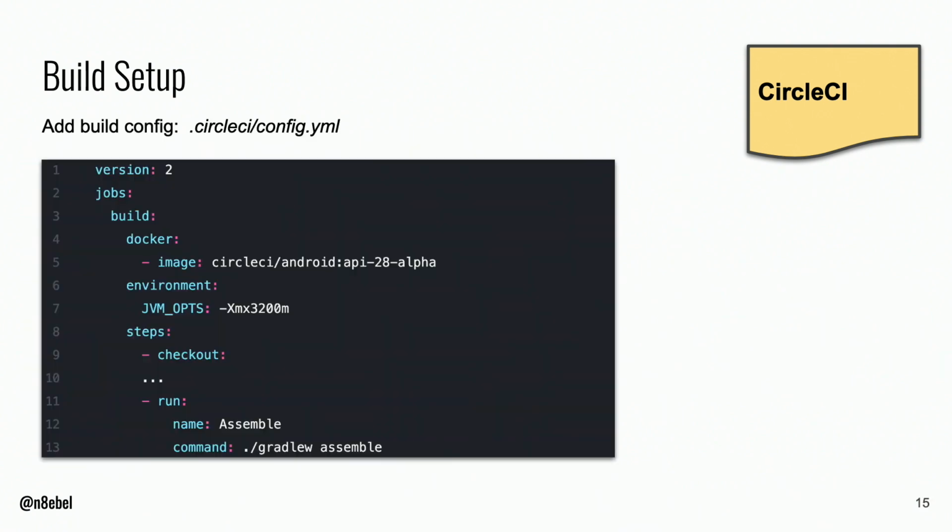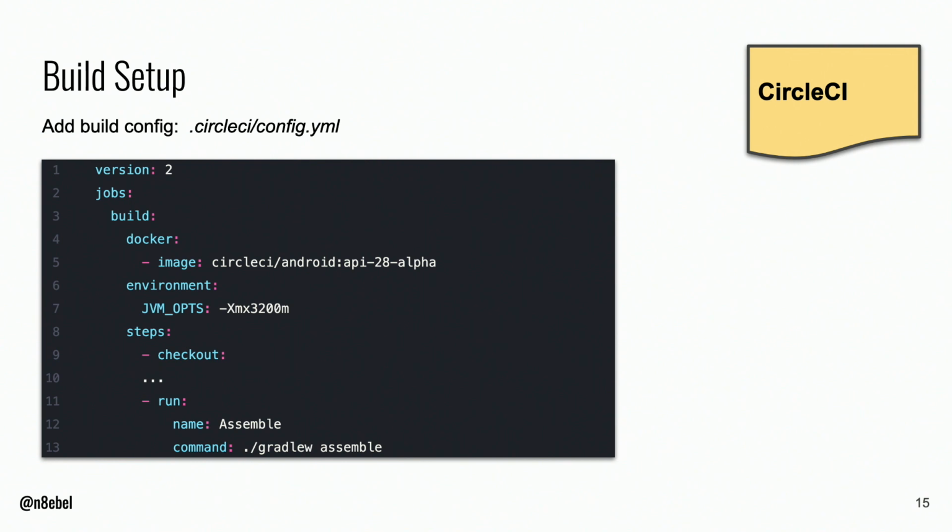So basically, this is an example config file that's required to set up your automated build using Circle. You have to put it at this specific directory path in your project. And then once you set that up, and once you set up your account with Circle, you can basically click Start Building.